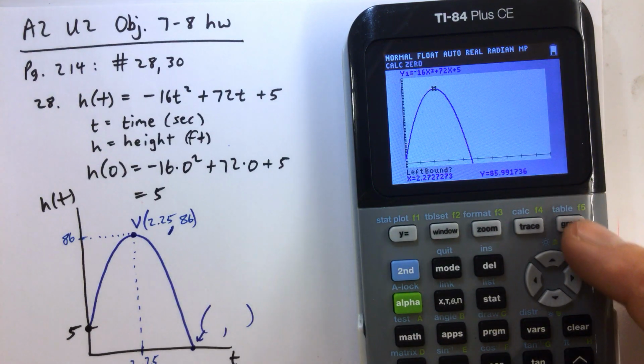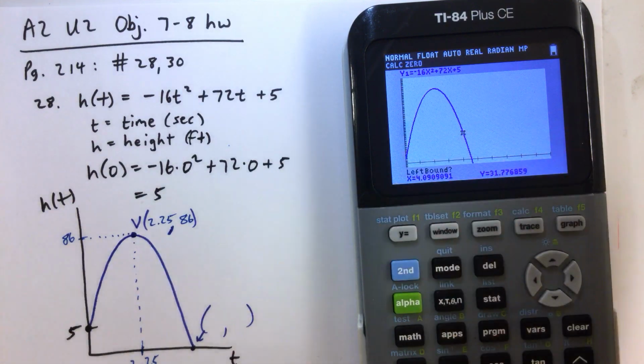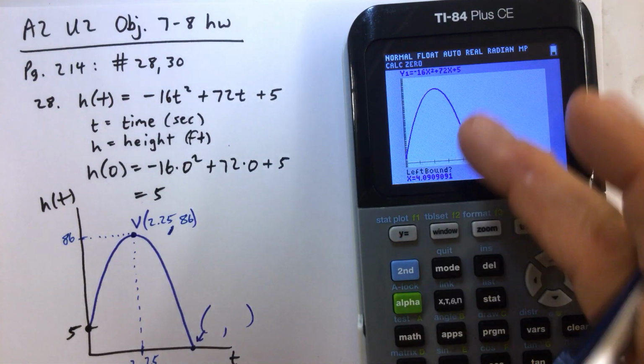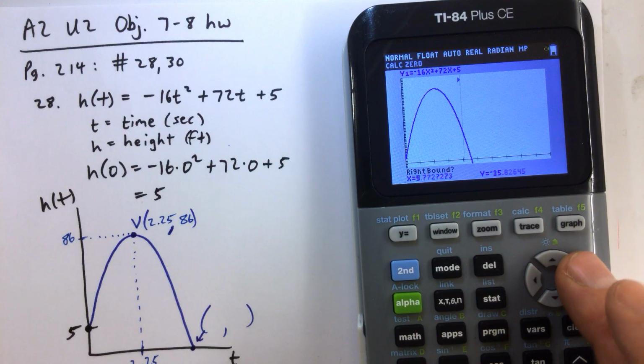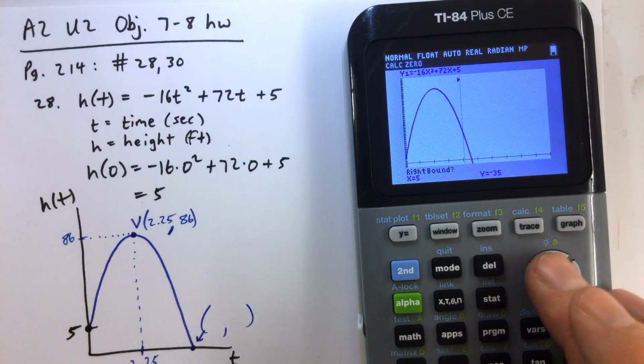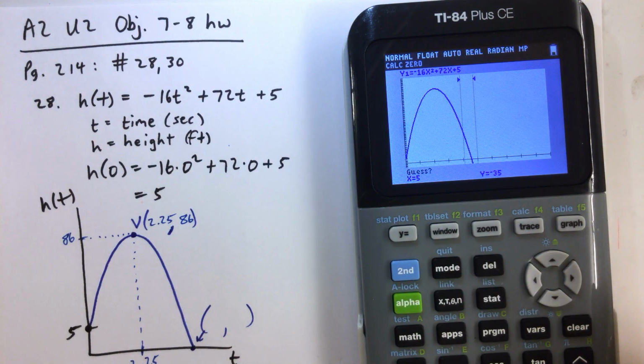So we hit 0, and again we're asked for a left bound. We move the cursor to the left of, so left of meaning horizontally, the x-intercept. It looks above, but it's still left of the x-intercept, and we mark it with an enter. And then we move the cursor somewhere to the right of that x-intercept, using the right arrow, and then we hit enter.